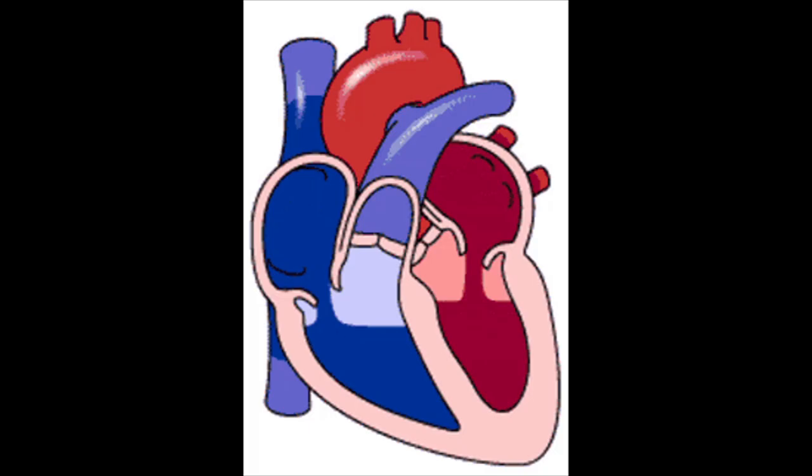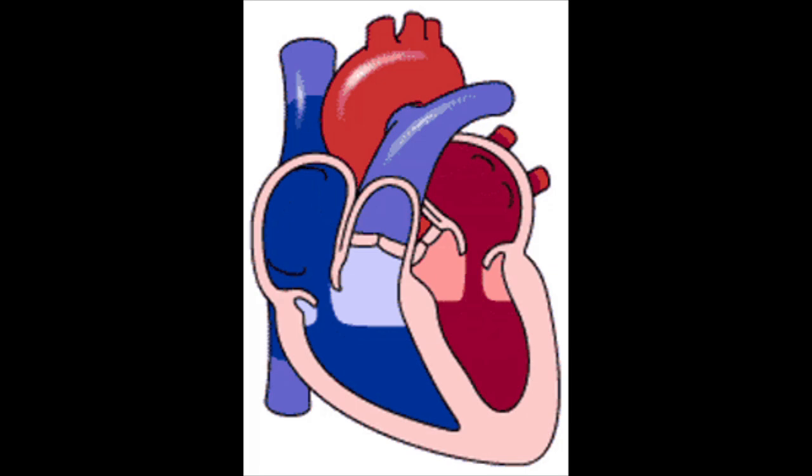Now you might be wondering, what do these 4 chambers do in the heart? The heart has 4 chambers: the right atrium, the right ventricle, the left atrium and the left ventricle. The right side of the heart receives oxygen poor blood from the body and pumps it to the lungs. And what does the left side of the heart do?